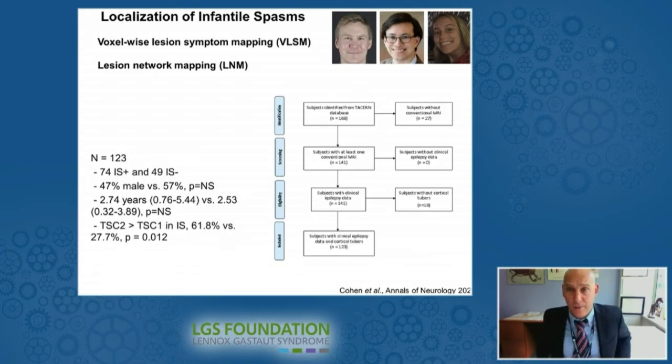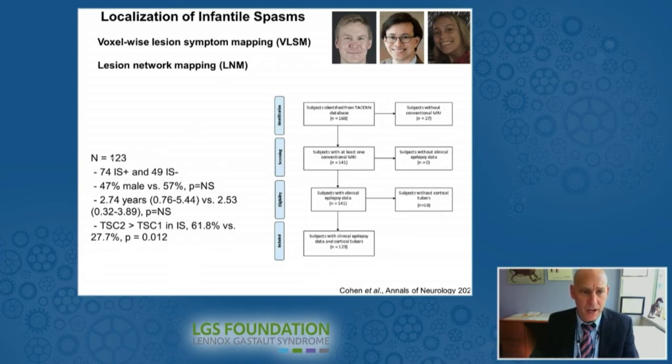But in the end, if you put all the heat maps of right-handed people on top of each other, where their injury is, you would find Broca's area in the left inferolateral frontal region. Another way of doing this is with lesion network mapping, and I'm going to explain that to you in a second. But that basically has to do with not asking where the lesions are, but what lesions are connected with, or what they are talking to.